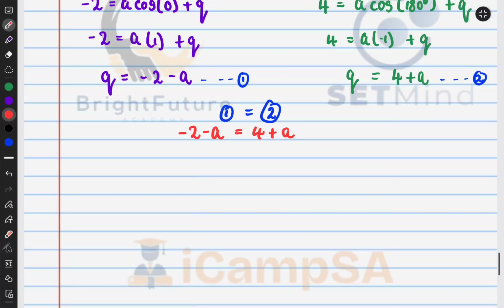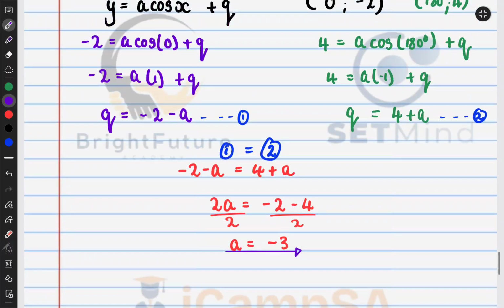And therefore, we're going to have 2a is equal to minus 4 minus 2, minus 6, which we divide by 2. Therefore, a is equal to negative 6 divided by 2, which is negative 3.